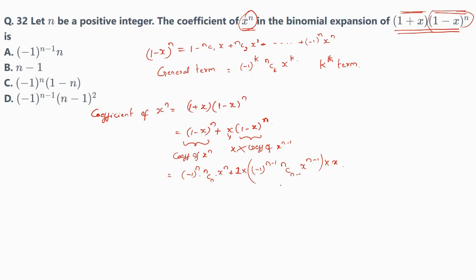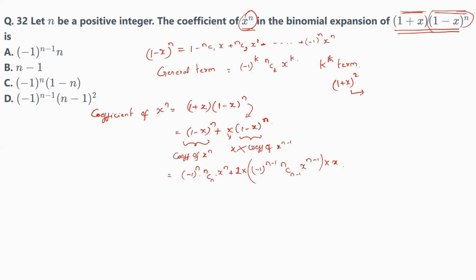In that line, coefficient of x to the power n. Okay, that second line. How did it get to that second line? This one. From here to here. Okay, very good. So what we are looking for is the coefficient of x power n. For example, suppose you have only (1 + x)^2, and you are asked what is the coefficient of x square.